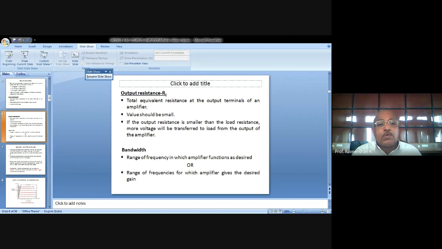Okay, so now you know what is meant by biasing and why we give biasing. Due to biasing, certain voltage and current conditions are established for the transistor, and these are called operating conditions.